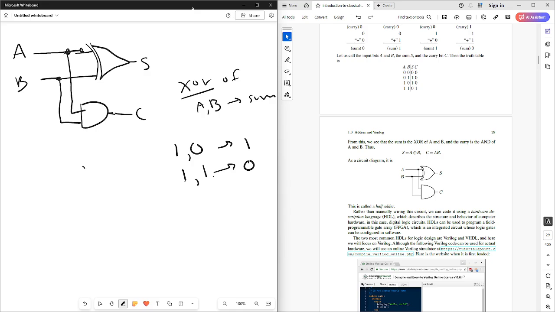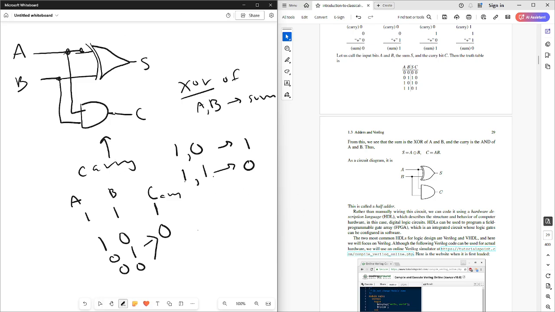are going to give us, this AND is going to give us our carry. So if A and B are both 1, then we get a C, our carry, of 1 by evaluating with the AND. However, if it's 1 and 0, or 0 and 1, or 0 and 0, then we get 0.